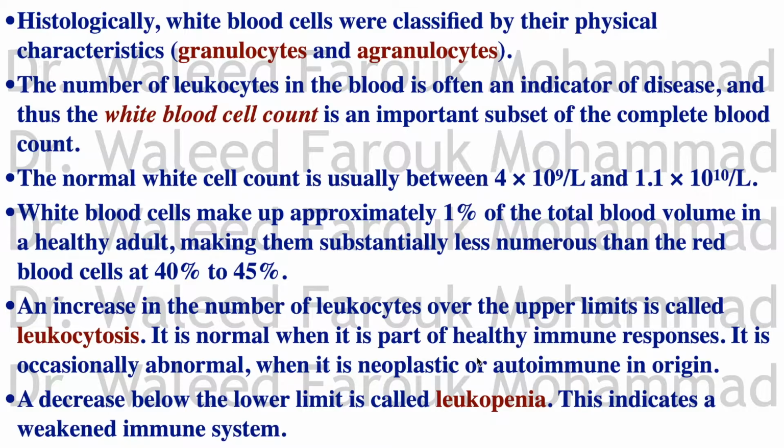Increase in the number of leukocytes is called leukocytosis, and it may be normal as a healthy immune response, or abnormal in neoplastic and autoimmune diseases. On the other hand, a decrease of leukocytes below the limit is called leukopenia, and this means that there is a weak immune system.